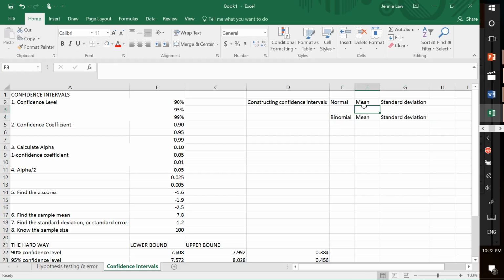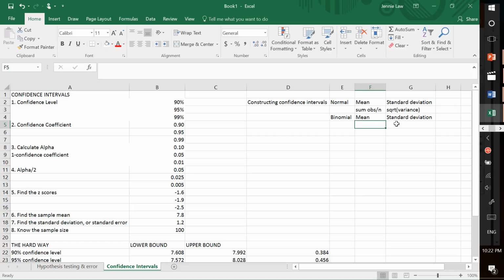We know the mean is the sum divided by n, the sum of all of our observations divided by n. And we know that our standard deviation is the square root of the variance, right? So if you ever have to figure out the mean and standard deviation, that's what those are. But in terms of a binomial, we have a different formula that we need to use to find the mean and in order to find the standard deviation, okay?